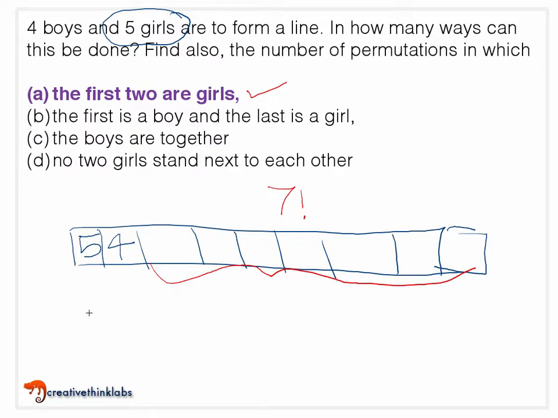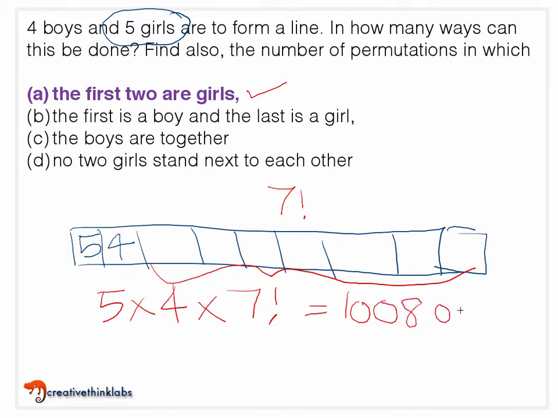This is the same as 5 times 4 times 7 factorial. And this will give you an answer of 100,800.